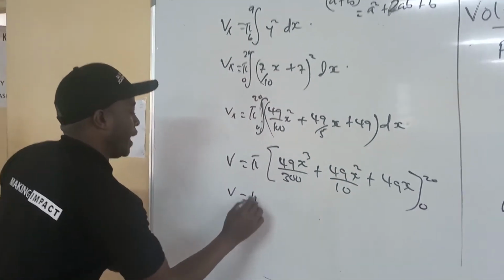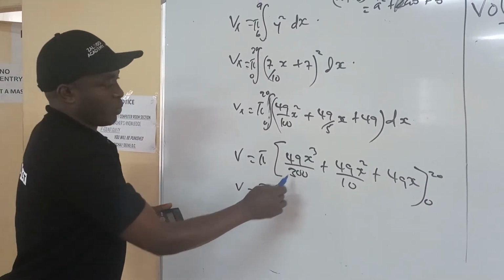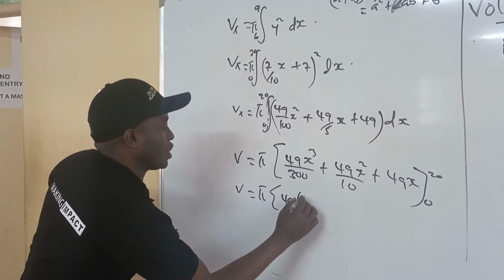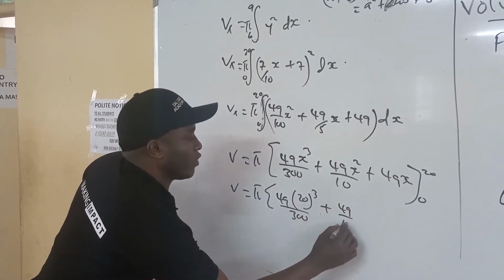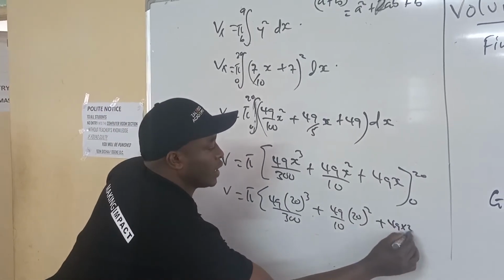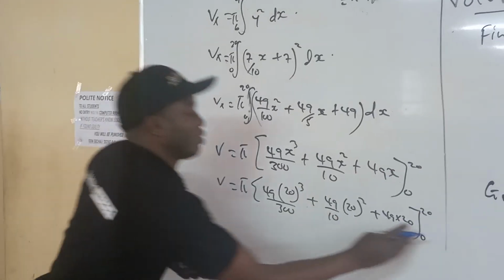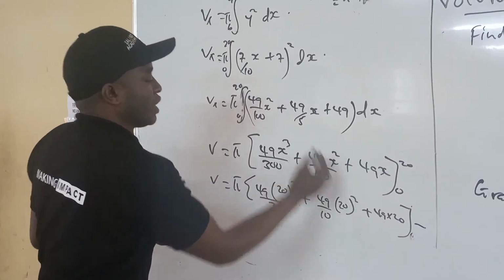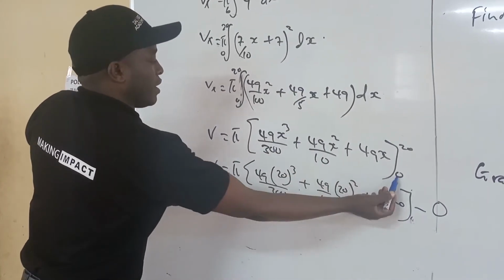So our volume equals pi into, if you cube this, this is 49 brackets, we now substitute 20 there, that is 20 cubed all over 300, then plus 49 all over 10 times 20 squared, then plus 49 times 20, that is for the upper limit 20. Now, first of all, we substitute, then we minus 0, because you need to subtract the upper minus the lower.